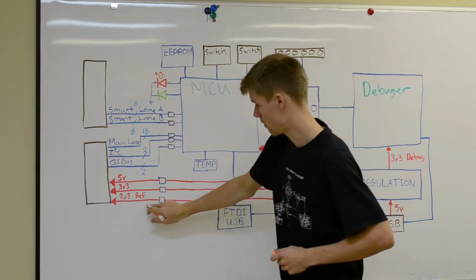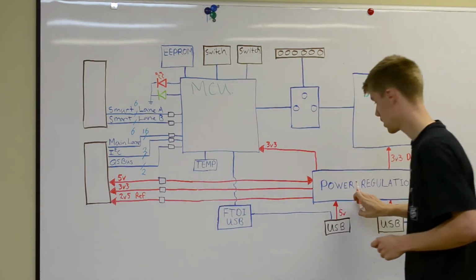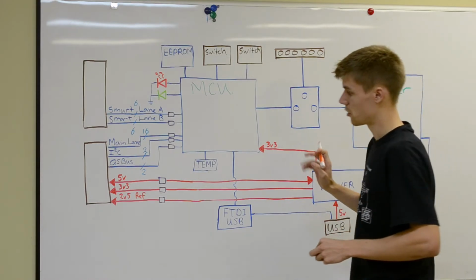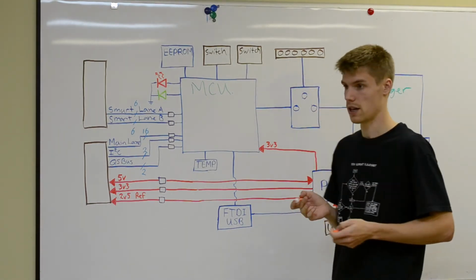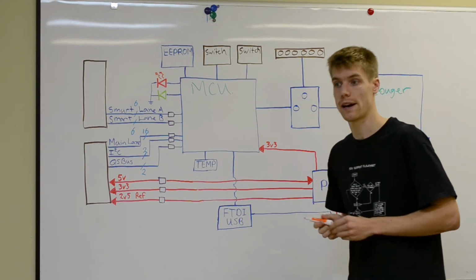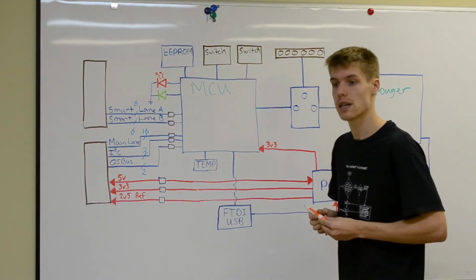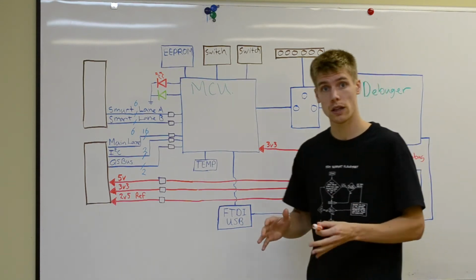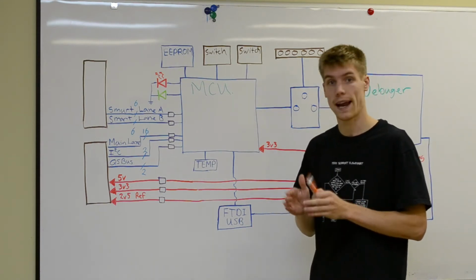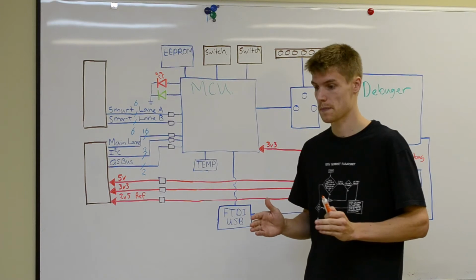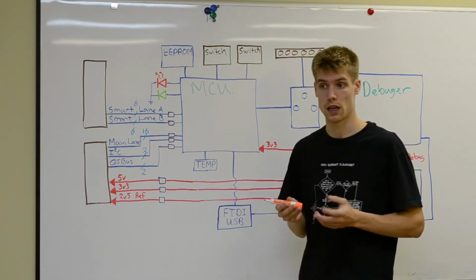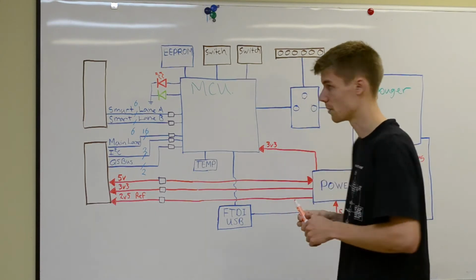Here we have a 2.5 volt reference that comes out of the power regulation block. The 2.5 volt reference is a 20 ppm reference, but the actual accuracy is about 3%. So it's not that accurate, but that accuracy you can calibrate out, and we do calibrate out with a 6.5 digit multimeter.